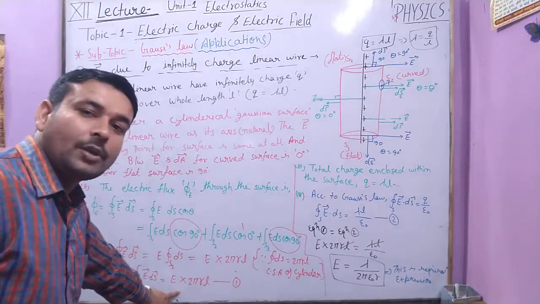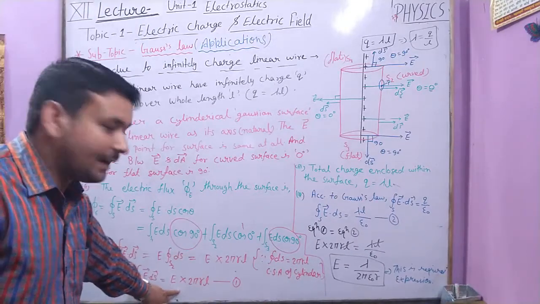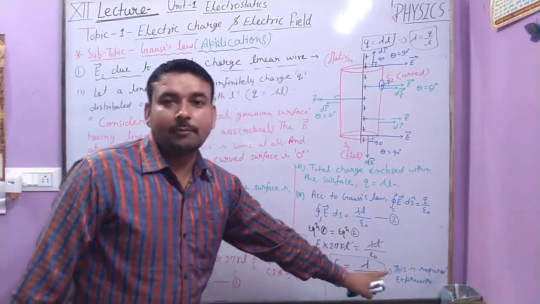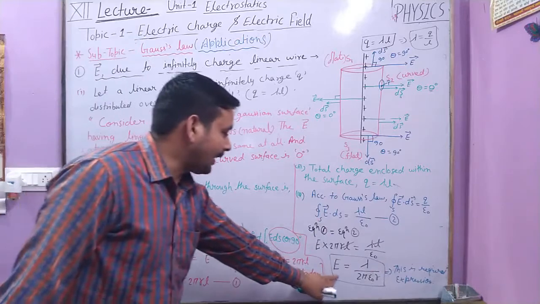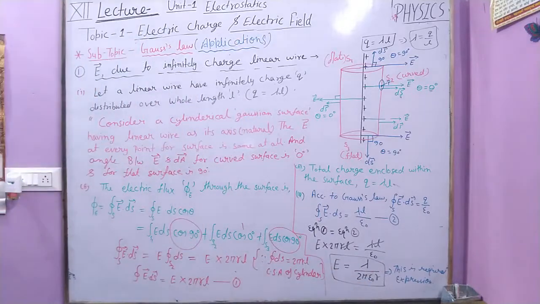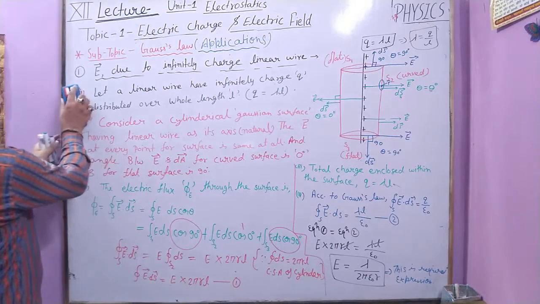One is according to the definition of electric flux and another is according to the statement of Gauss's law. When we calculate the two, we get the result, that is lambda upon 2 pi epsilon naught r. Okay.